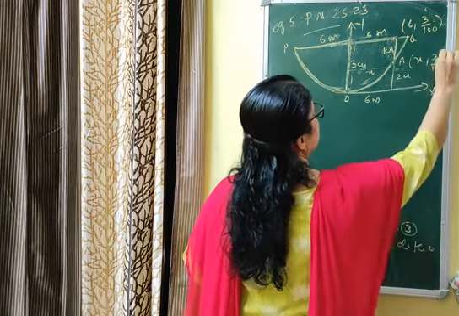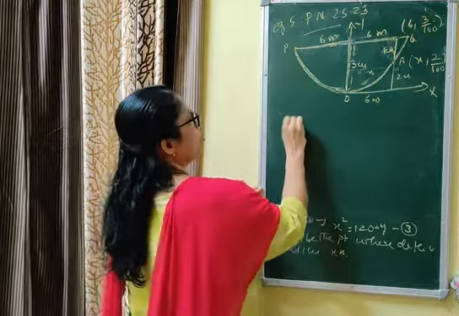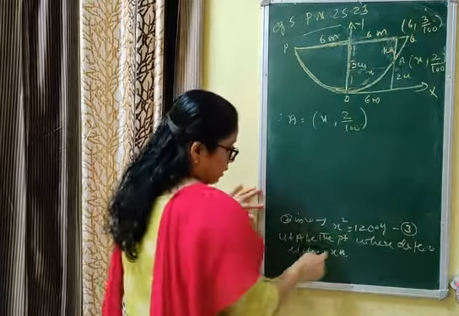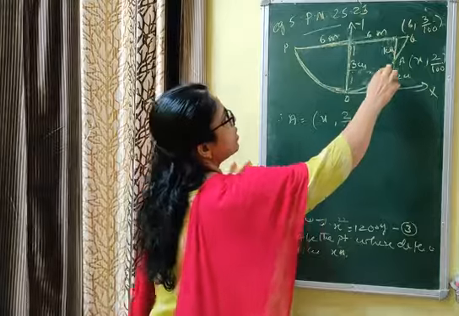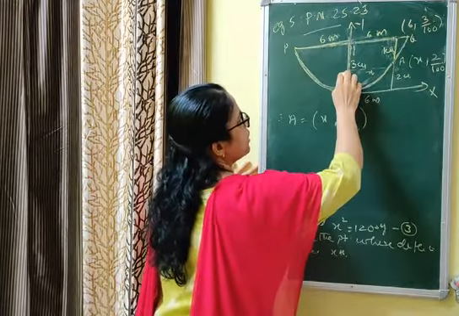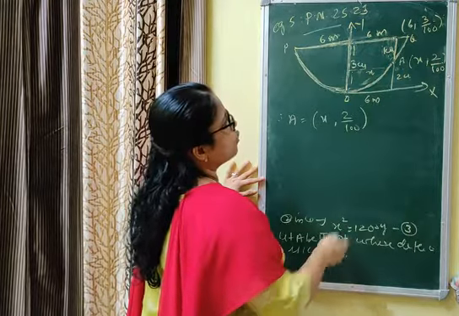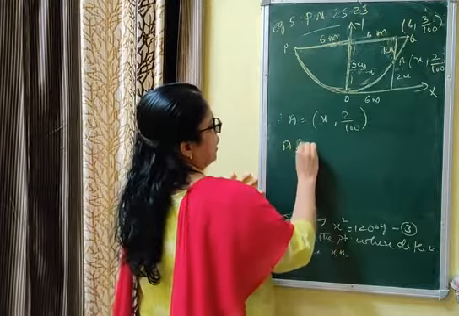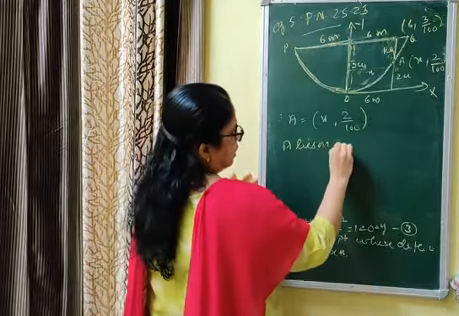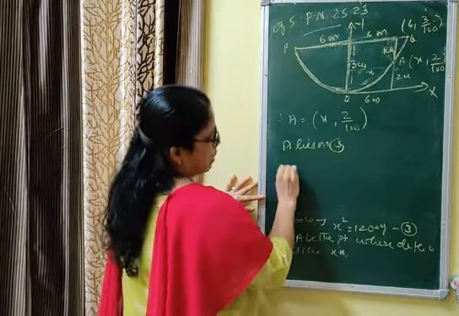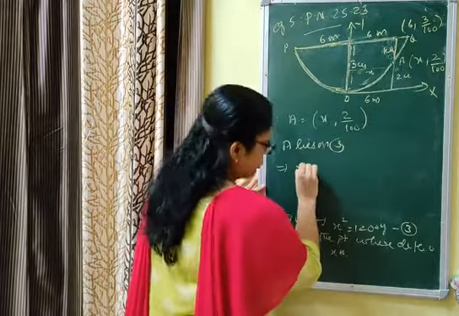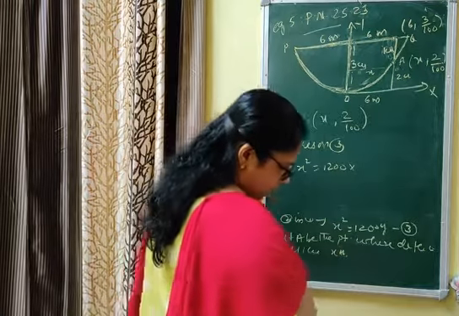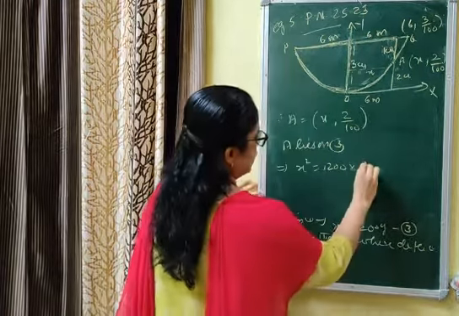Again, you have to convert it in the same unit. Therefore, the coordinate of A is x comma 2 by 100. You have to write this. Let x meter be the distance of the point A from the center. Now, A lies on, again, which parabola? A lies on equation 3, which implies x square is equal to 1200 into y, is 1200 into 2 by 100.